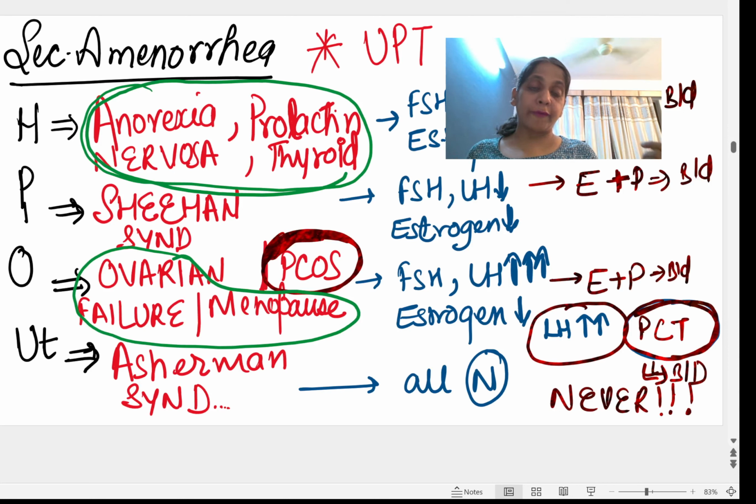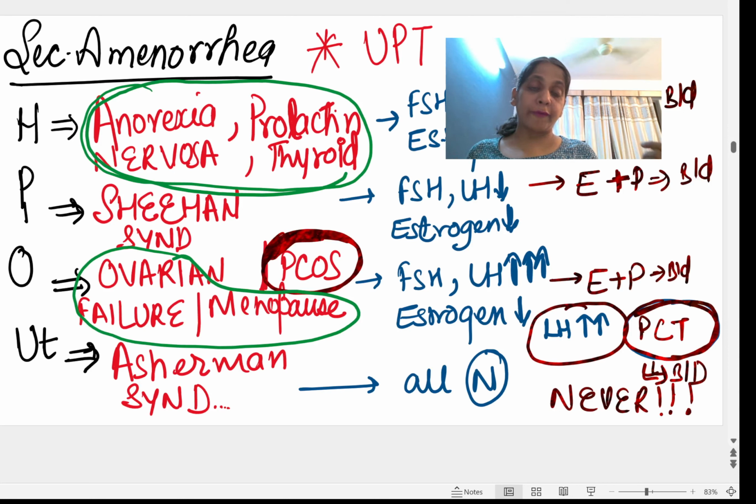Thinning of endometrium. Tube's motility will be decreased because progesterone action is getting dominant, estrogen is less, progesterone action dominates. So due to the progesterone dominating action, tube's motility gets decreased, and cervical mucus also gets thick, again due to the progesterone dominancy.